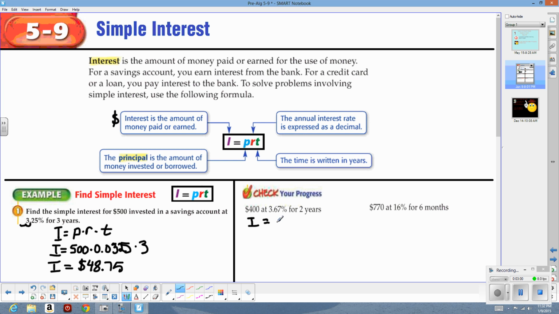Again, I suggest you write down the formula. So if we're looking to find the interest, we don't know what that is, but the principal is $400, and the rate as a decimal, we move it 2 places to the left.